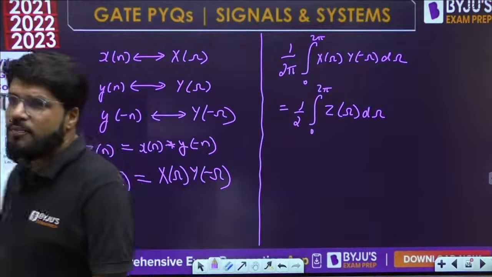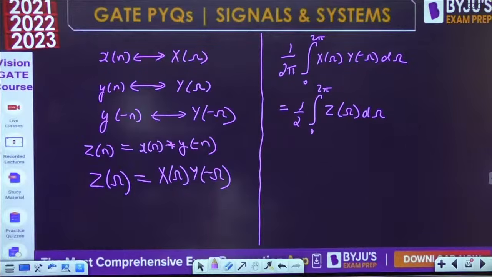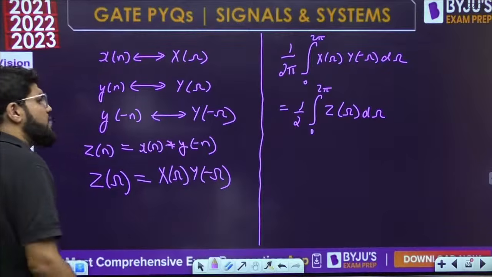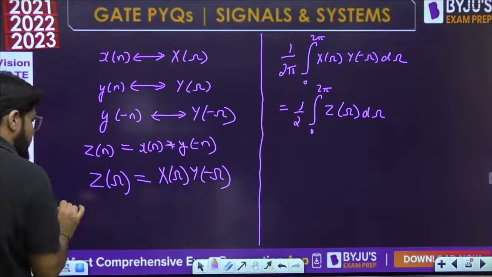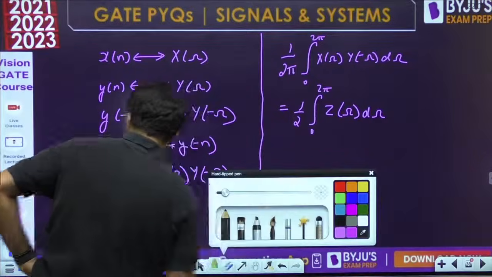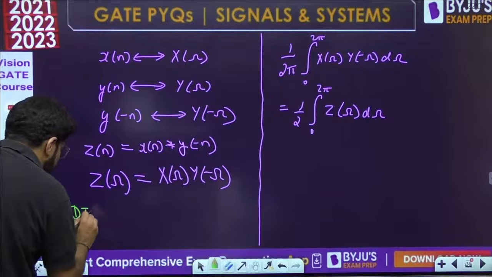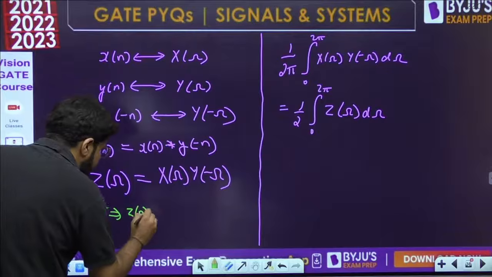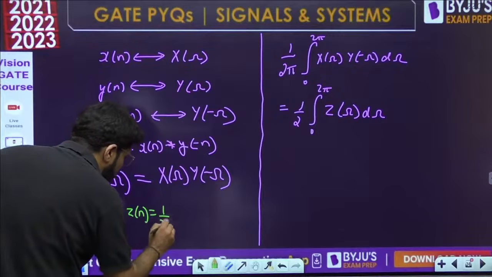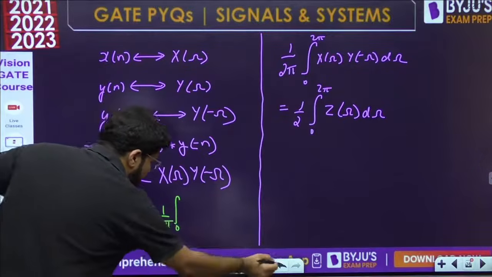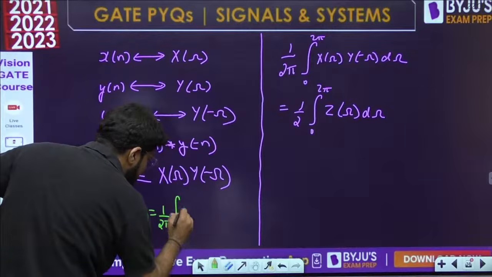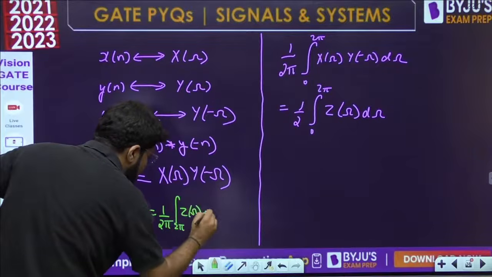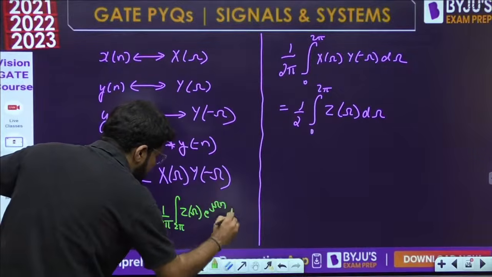And what is this? What should be the Z(ω) formula? Actually, the IDTFT formula. We know the DTFT formula; here I write the IDTFT formula too. The IDTFT formula: z[n] is given by 1/2π integral over any one time period of Z(ω) e^(jωn) dω.